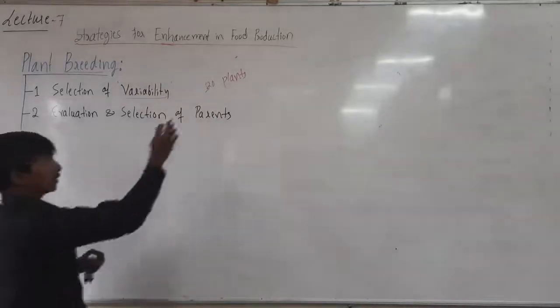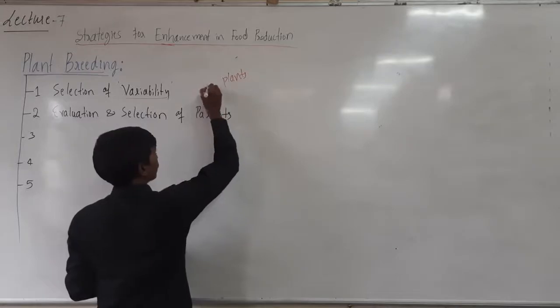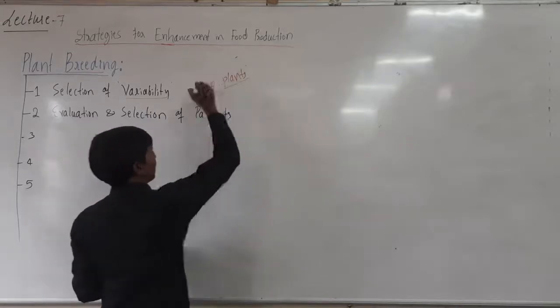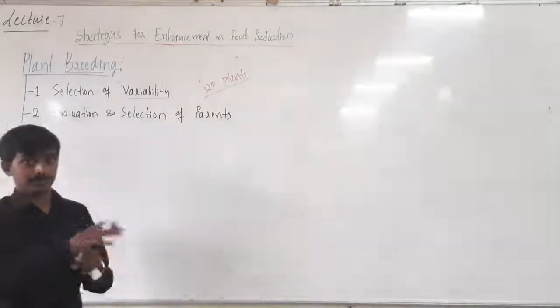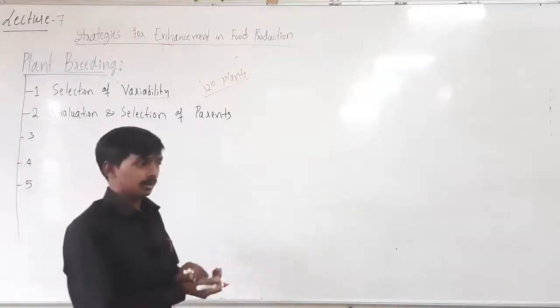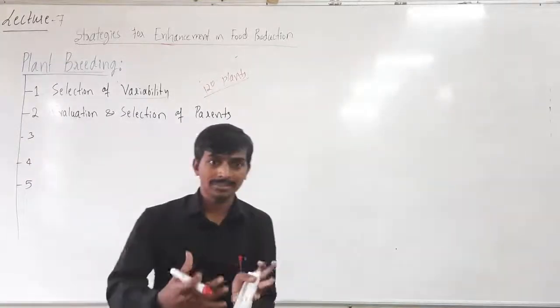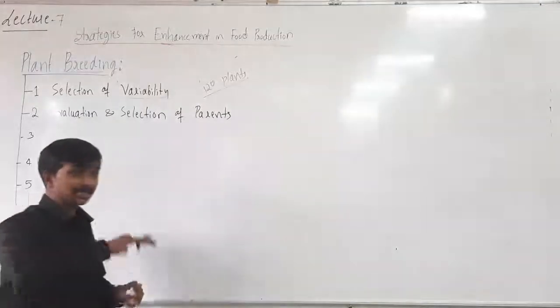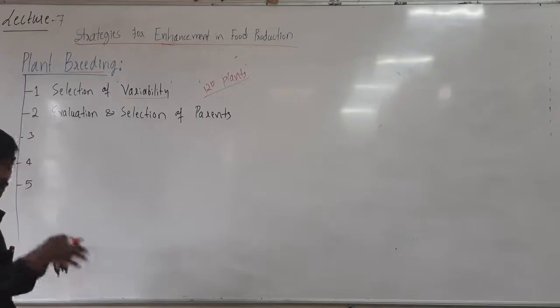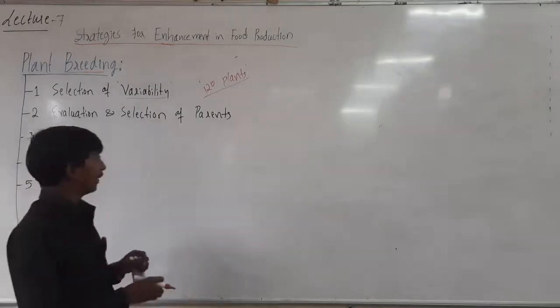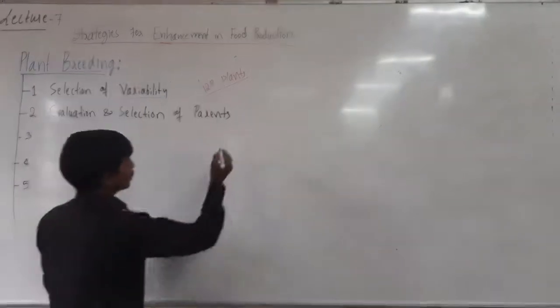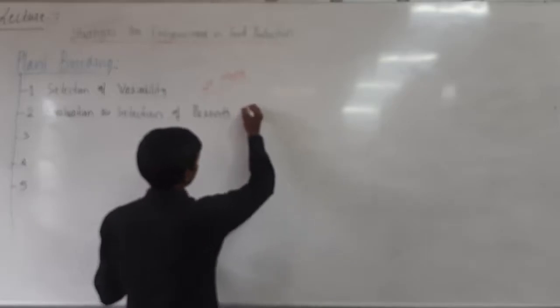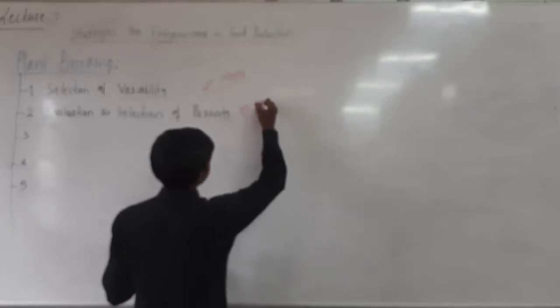Okay, among these 120 plants, again we should select. Among 120, these 20 are good, the next 20 are medium level, the next 20 are high level. Like that, you should again screen them. Screening means choosing the better one. So say I have chosen about 95 plants.